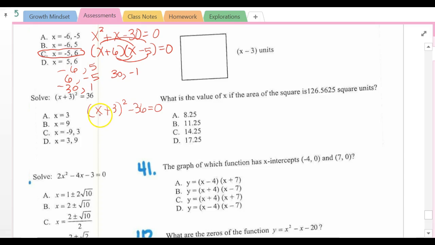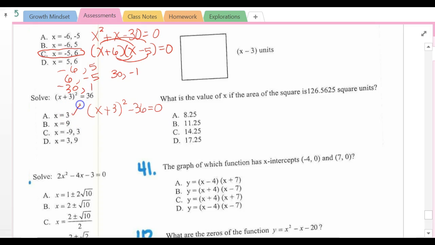So the question is, what value here do I put in when I subtract 36? Do I get 0? So if I put 3 in here, 3 plus 3 is 6 squared minus 36 equals 0. 3 plus 3, 6 squared is 36 minus 36 equals 0.